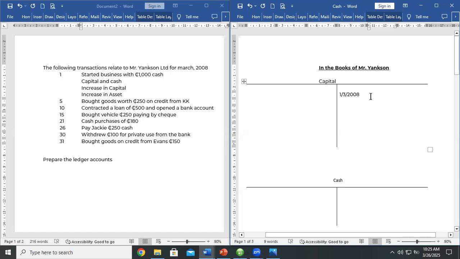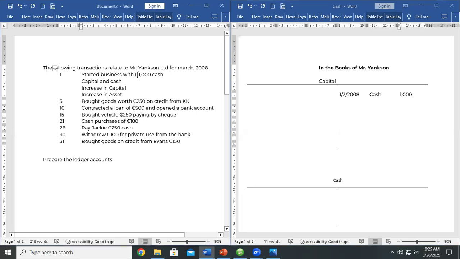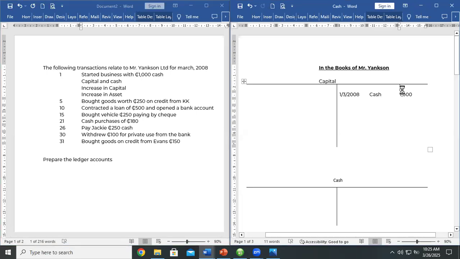So the details here will be cash. Then you put the amount there, 1,000. And I indicated to you that you always need to put the currencies in your amount column on both sides. So let me do that. So this is what you do to record the credit entry in the capital.